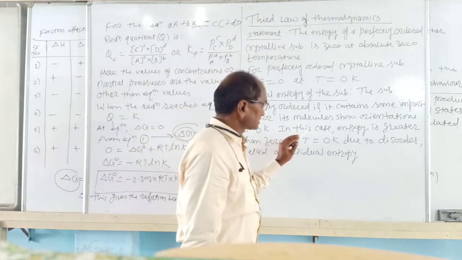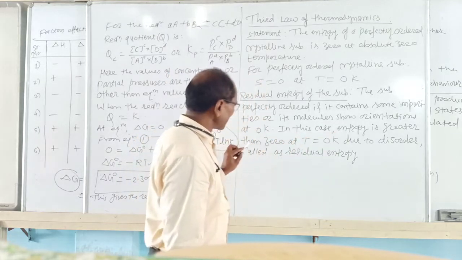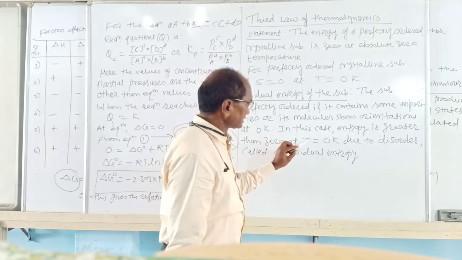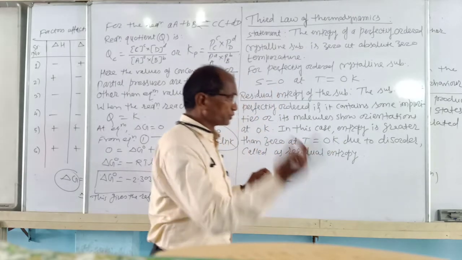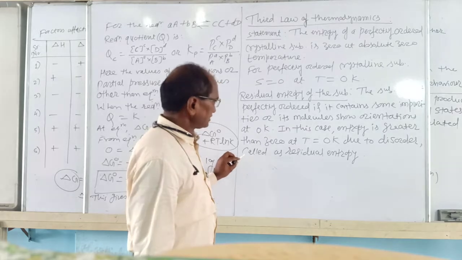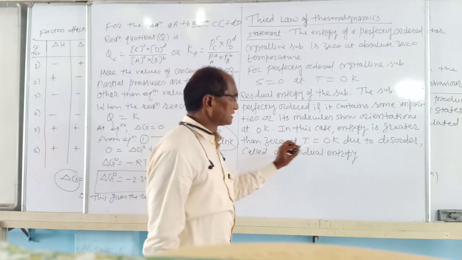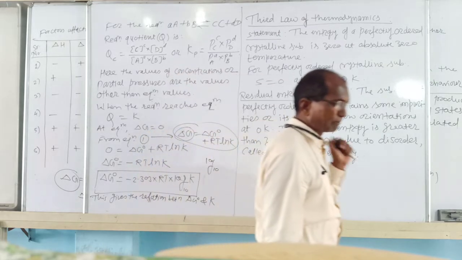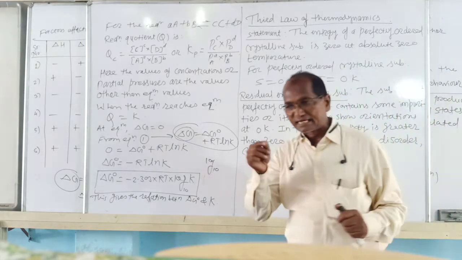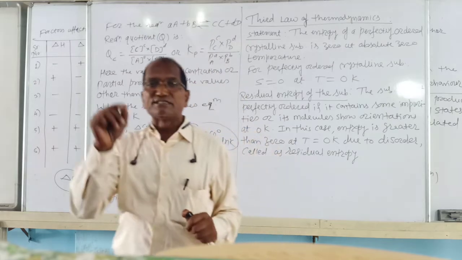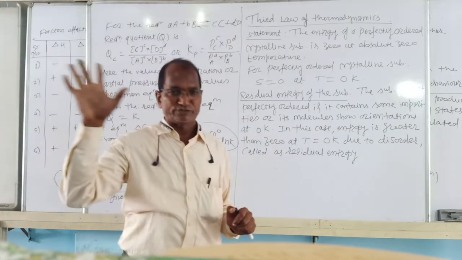In this case, entropy is greater than 0 at temperature T equal to 0 Kelvin, due to disorder. It is called residual entropy. It means here S is greater than 0 at 0 Kelvin temperature.